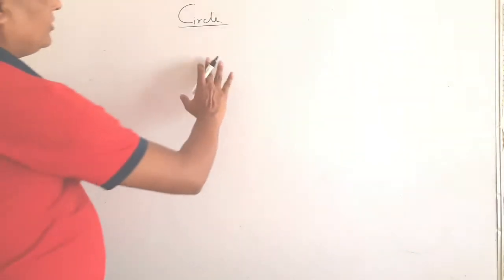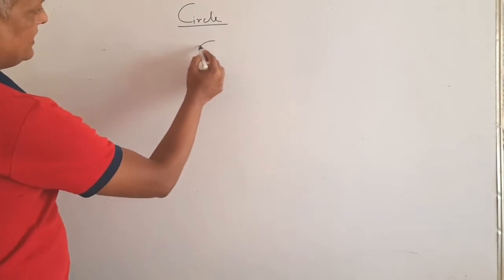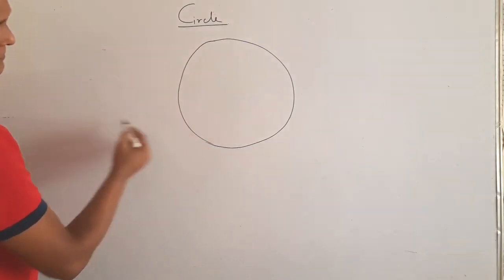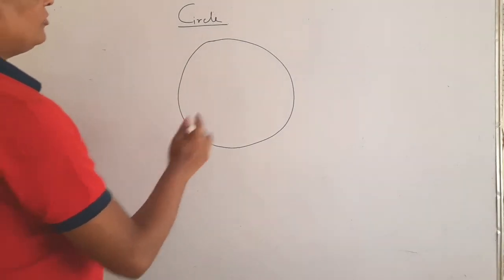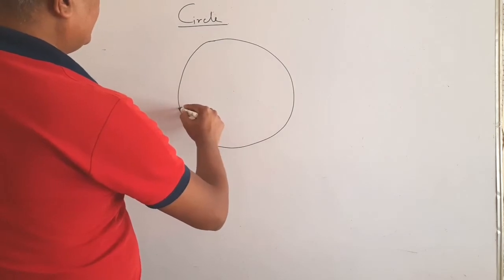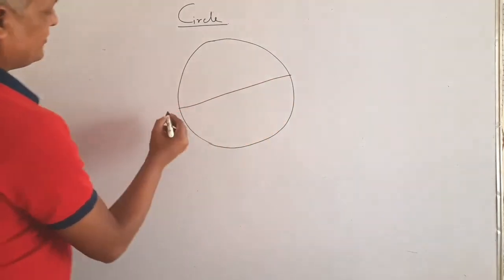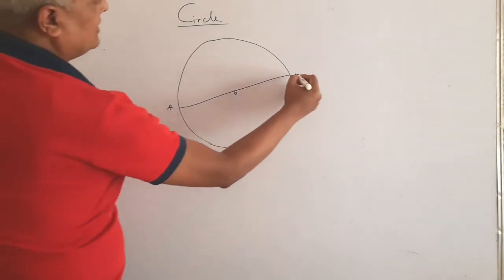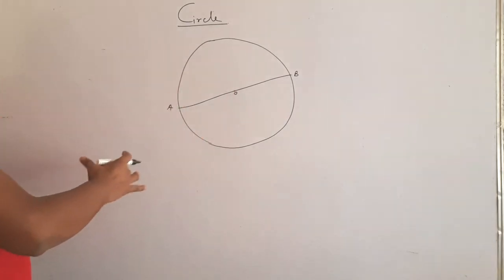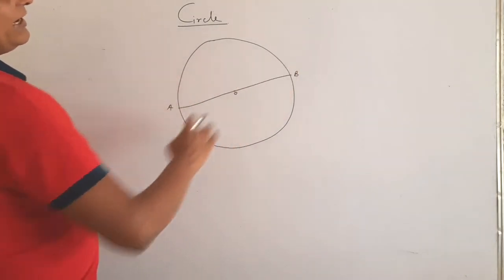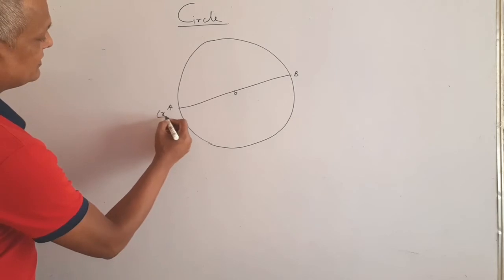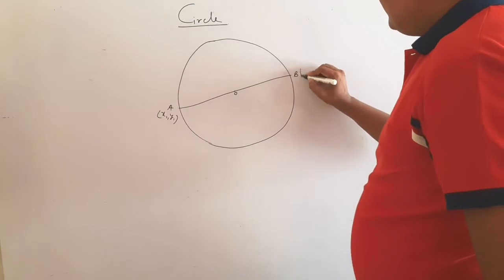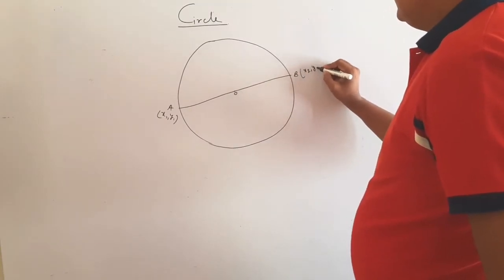So back to the business, and here we have a circle. Suppose AB is the diameter, so A and B are the extremities of the diameter, and this is the circle center. Suppose A has the coordinates x1, y1 and B has the coordinates x2, y2.